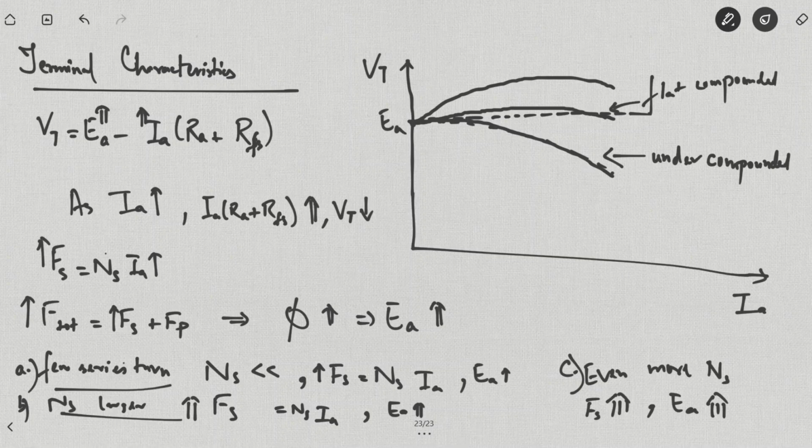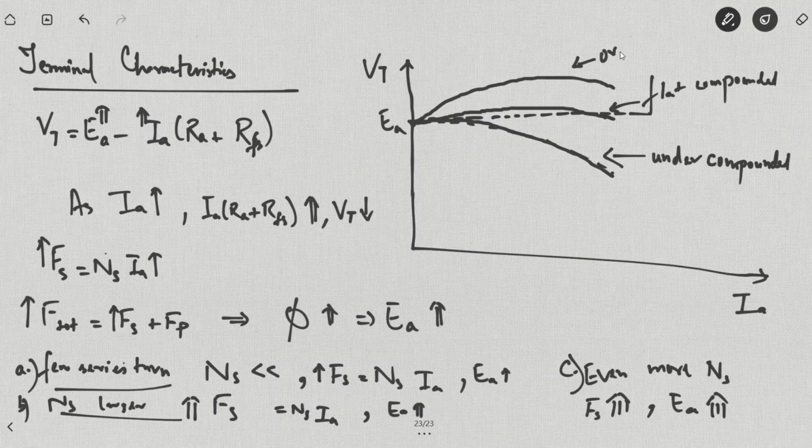In the under compounded machine, you basically have a system where your terminal voltage is less than the generated voltage. In an over compounded case, your terminal voltage will actually be more than the initially generated voltage Ea.